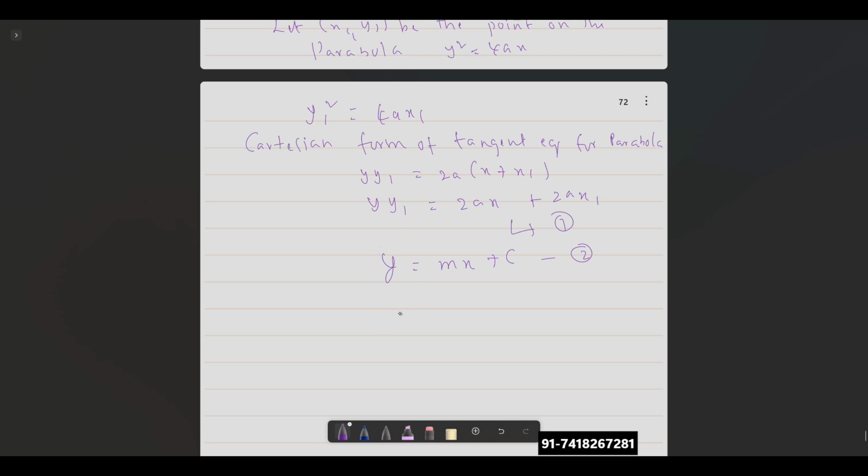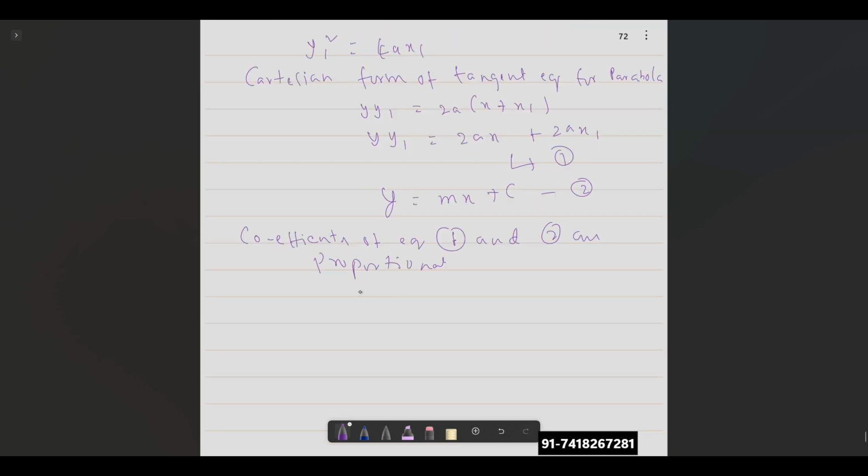That means what? The coefficients of equations 1 and 2 are proportional. Then only these two represent the same tangent.